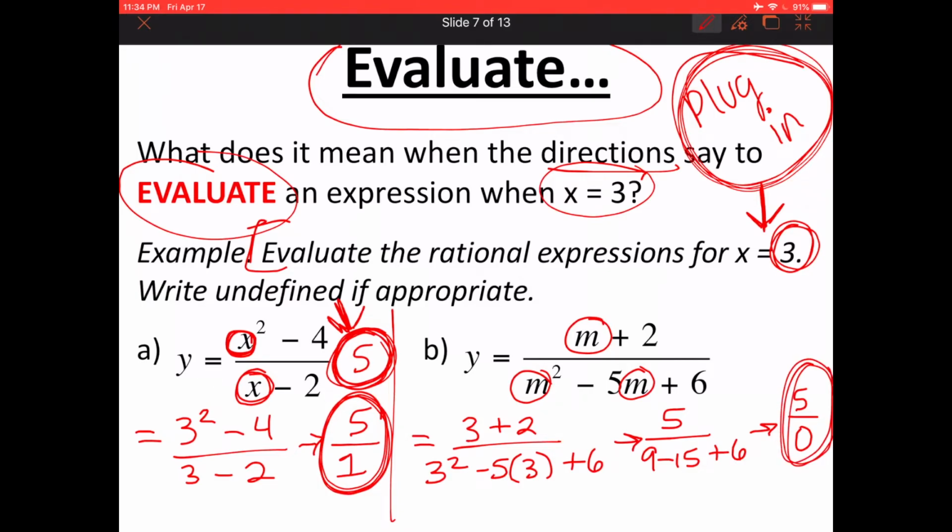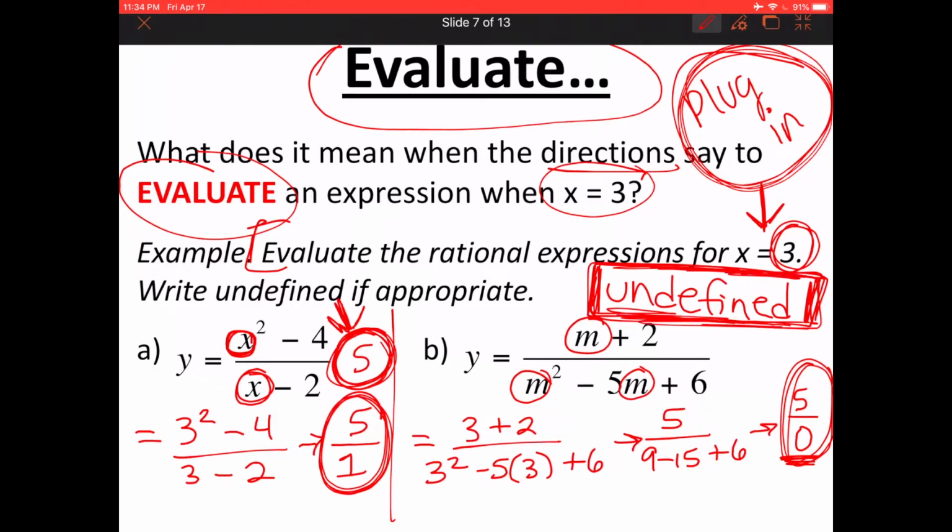And what's the problem? I can never have 0 in the denominator. So your final answer for B would be that when you plug it in, when you evaluate, your final answer would be undefined. Okay, because when you plug in, it does not work. You cannot have 0 in the denominator. Okay, guys? So my answer for example A would be 5. My answer for example B would be undefined.